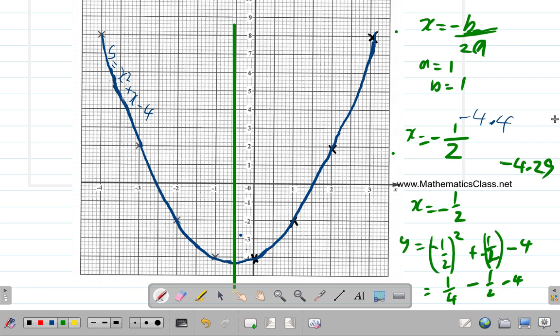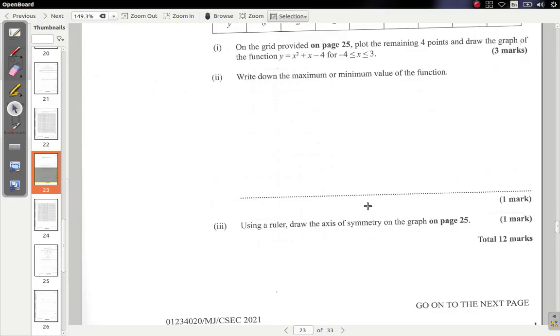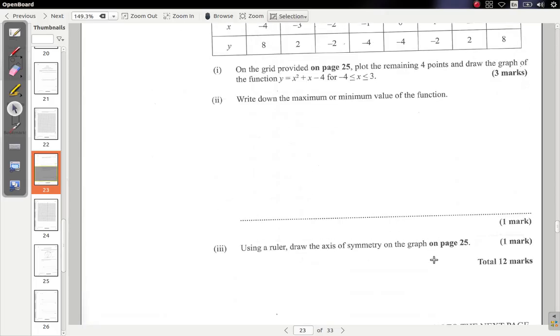But remember, even if you calculate it and know it's negative 4.25, if the graph shows negative 4.3, you must write that. Whatever the graph says, that's what you must write down. Alright, so that is it for question 8.